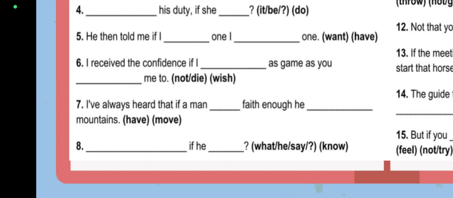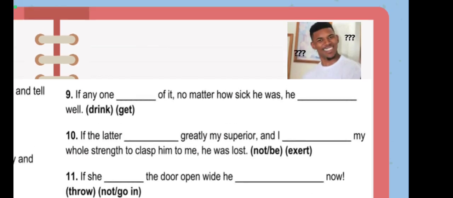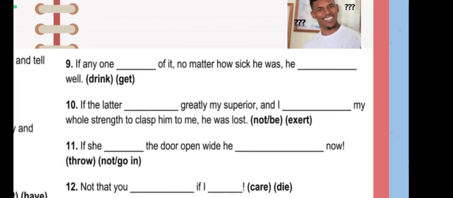"What would he say if he knew?" Well, great. Now, can you do number 9? "If anyone drank of it, no matter how sick he was, he would get well."